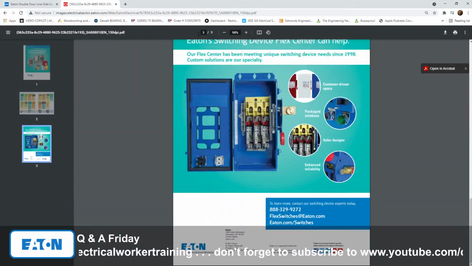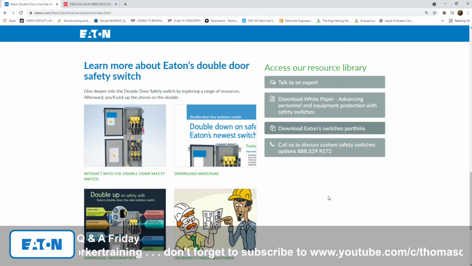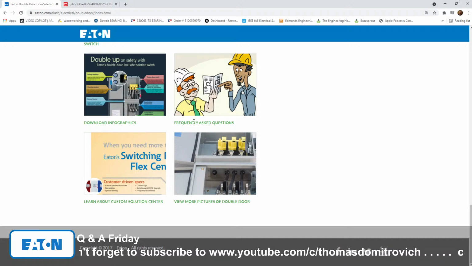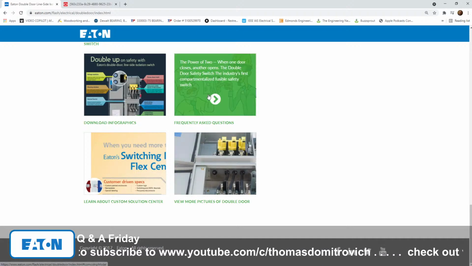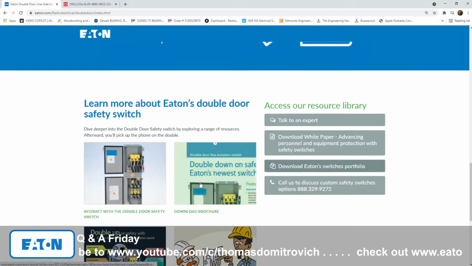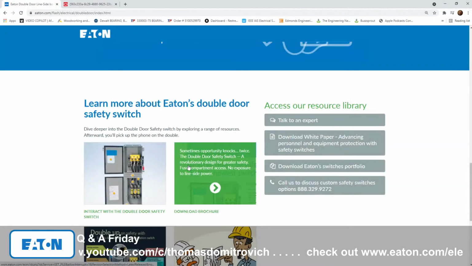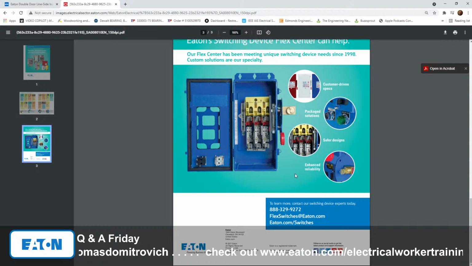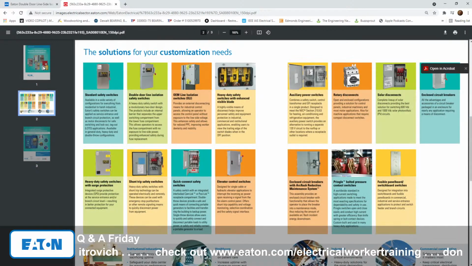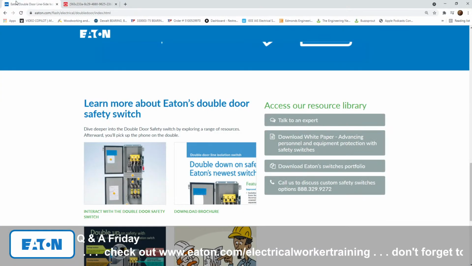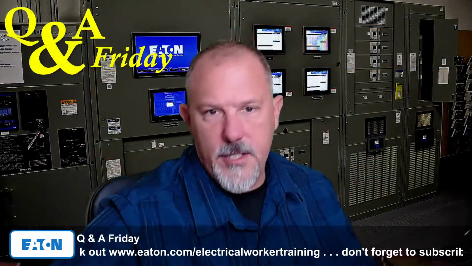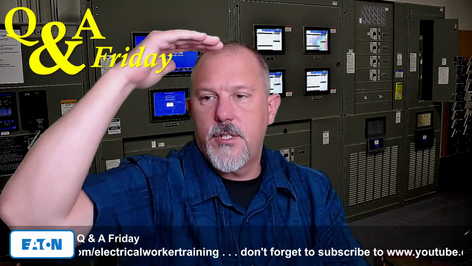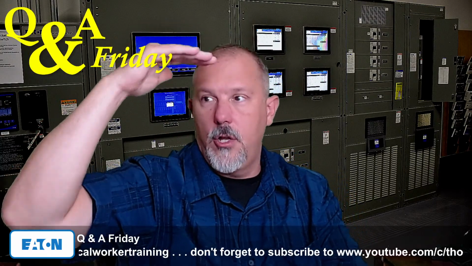I want to download the graphics, frequently asked questions, double door, the brochure. I was looking for the dimensions. Regardless of the dimensions, it is a taller JW. It is a taller enclosure.